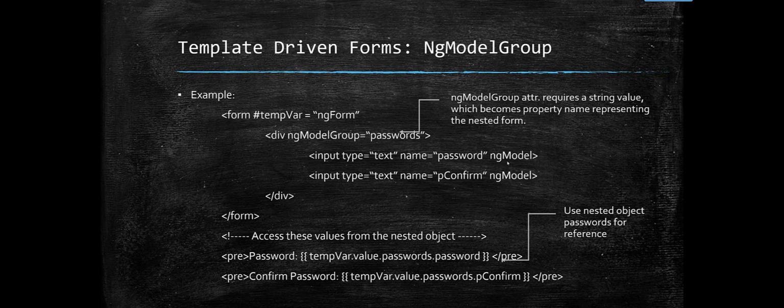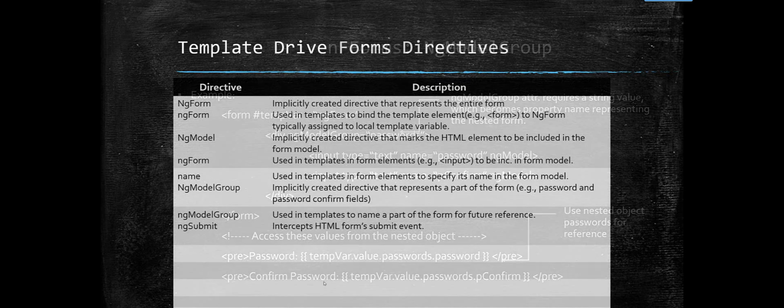That's going to display the value associated with this input element, and again the confirm password right here: tempVar.value.passwords.pConfirm. The ngModelGroup again just gives you a nested object for reference.